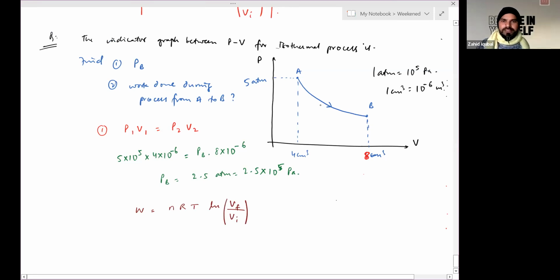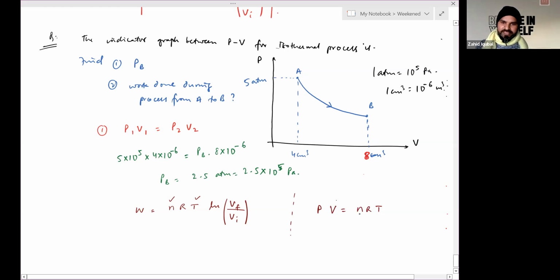Since in this entire process there is no information about n and temperature, how do we find the value of these terms? Let me give you a hint. According to the ideal gas equation, PV equals nRT.